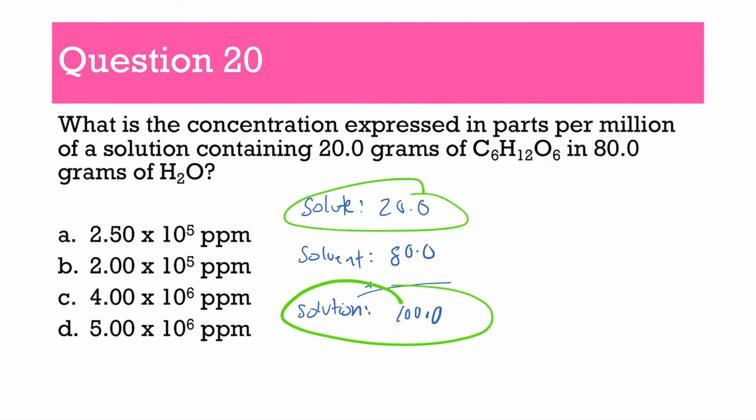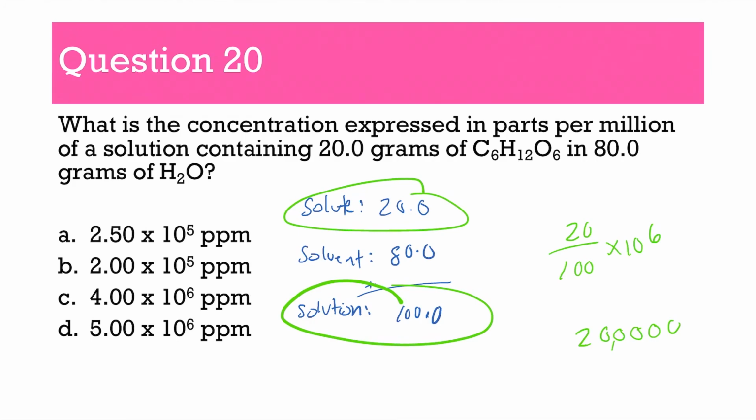But again, only these numbers are part of our equation. So we get 20 over 100. So if you forgot to do this, if you did 20 over 80 times 10 to the 6th, you get a very different number. But 20 over 100 times 10 to the 6th gives us 200,000, so 20,000.